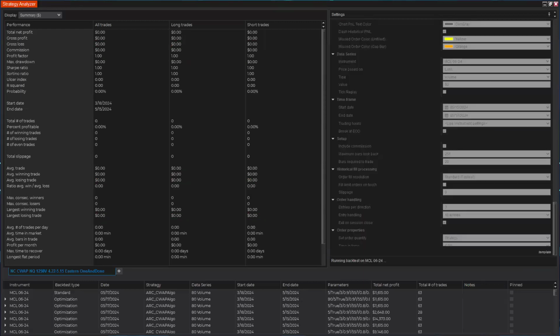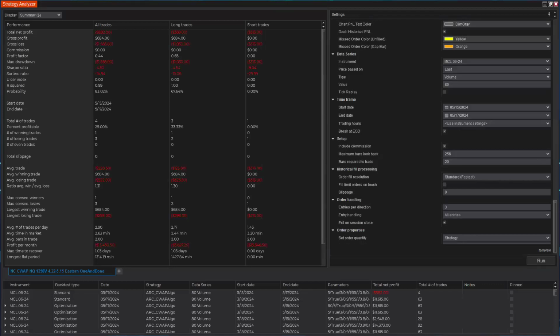Usually I like to run through a couple times on an optimization before I run it on anything live. Run it for a week, re-optimize, make sure I'm not getting any drastically different numbers one week to the next. And as long as it's not majorly different, then I'm probably good.